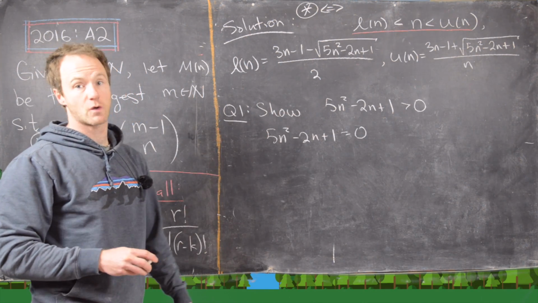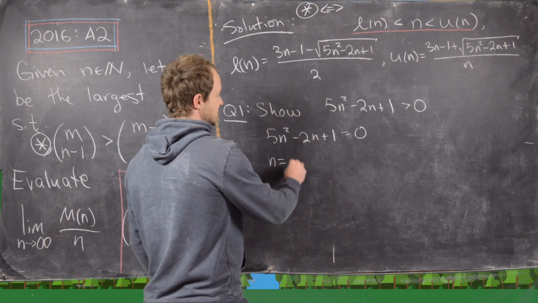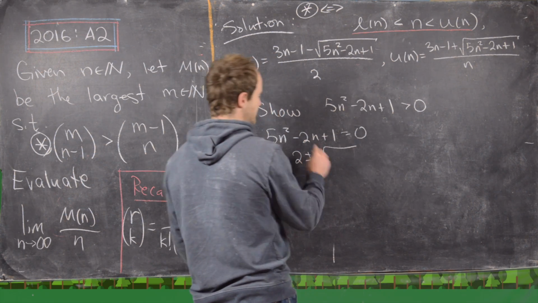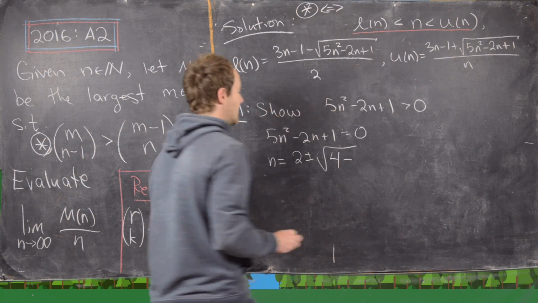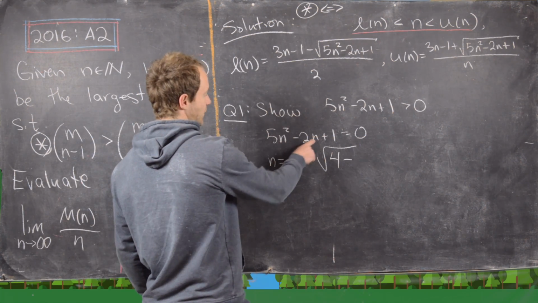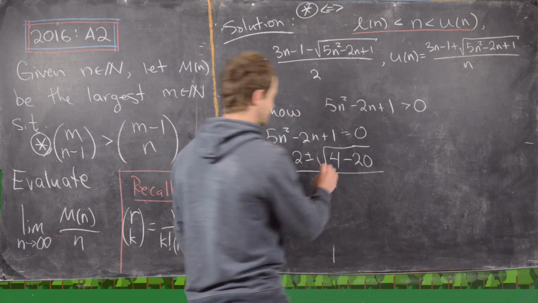And notice we'll use the quadratic formula for this. So that's going to give us n equals negative b, so we'll have 2 plus or minus the square root of b squared, which is 4, minus 4 times a times c, so minus 4 times 5, over 2.